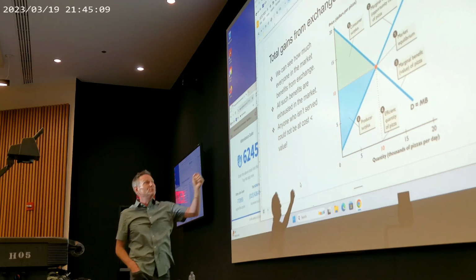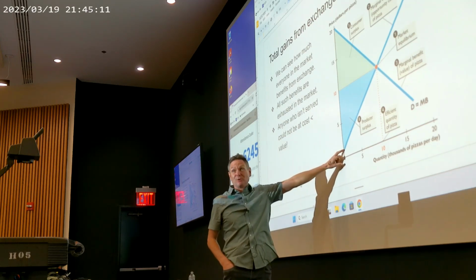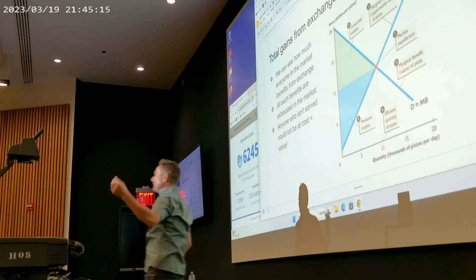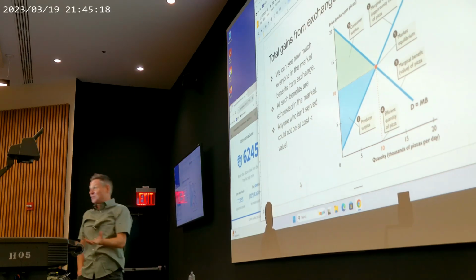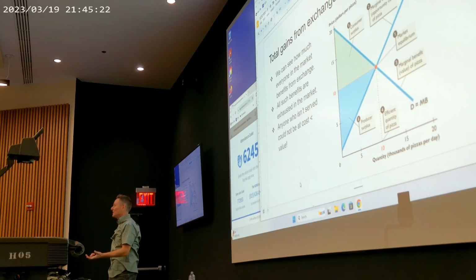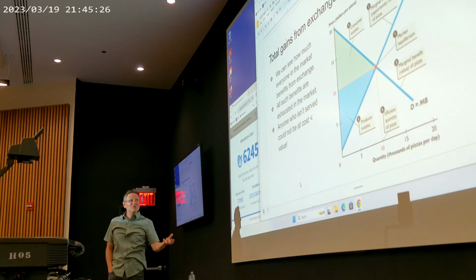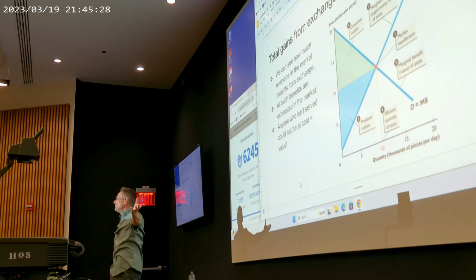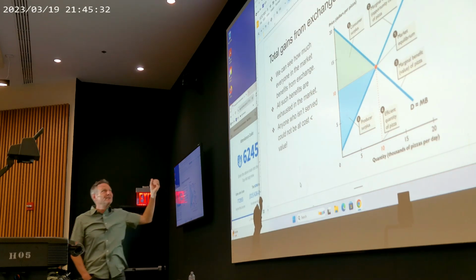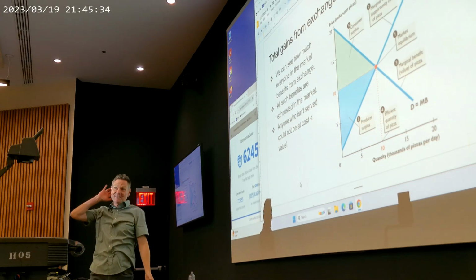Producer surplus is what you get for something, minus the smallest amount you would have needed to produce it. So I guess there are two lessons here. In a market everybody's benefiting, producers and consumers. And the other interesting thing is you can see what these benefits are. We get an exact quantitative measure of these benefits right from this diagram.